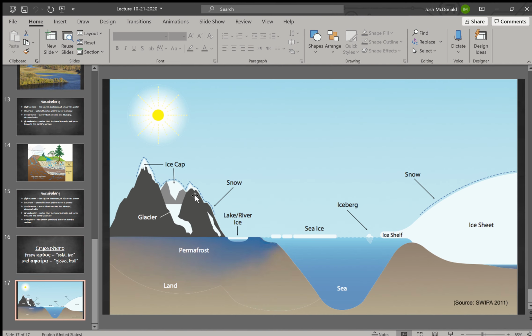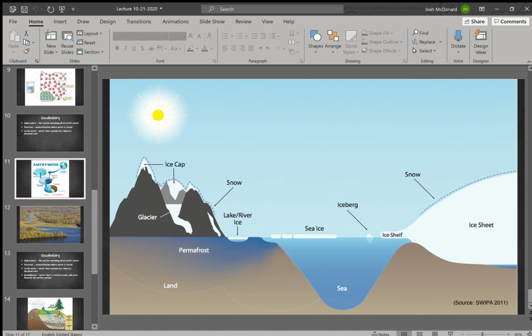So let's look here. We've got different areas that are considered part of the cryosphere: snow and ice sheets, glaciers, icebergs, sea ice, permafrost, ice on lakes and rivers, snow on mountains. You see those snow and ice caps. All of this is quite a bit of the fresh water on Earth's surface.